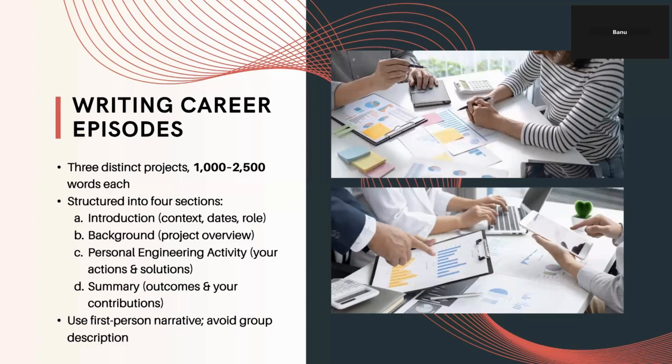You need to read and review that document very carefully, because they will expect you to write these expectations in your career episodes. They want to see that, actually. These documents outline what Engineers Australia expects from a professional engineer, like complex problem solving, engineering judgment, leadership, and communication. Your episodes should reflect all of these.